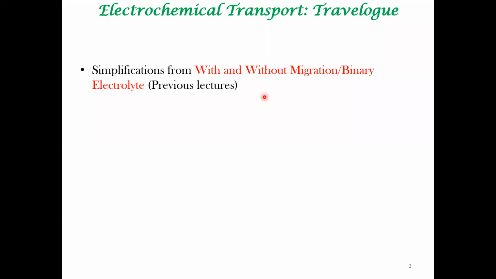We simplified the set of equations via a variety of approximations. In some cases, we created situations wherein we can neglect migration, or where migration is the only thing that is important. And we also saw simplifications born out of having a binary electrolyte. All of these things were covered in previous lectures.